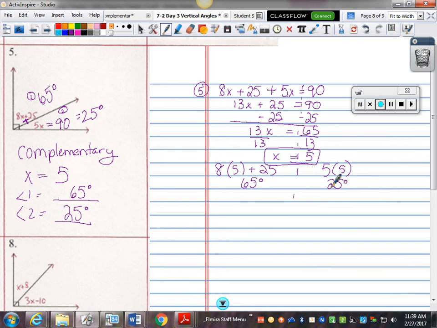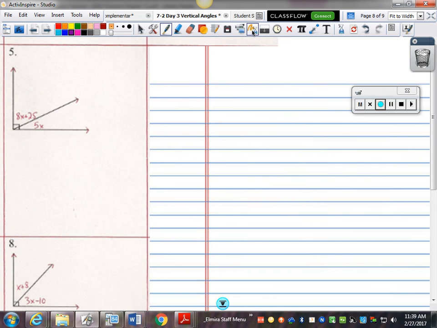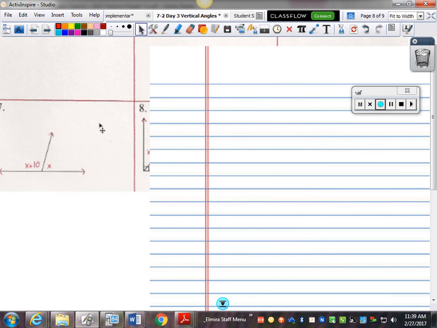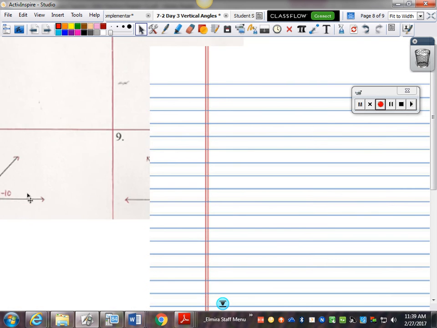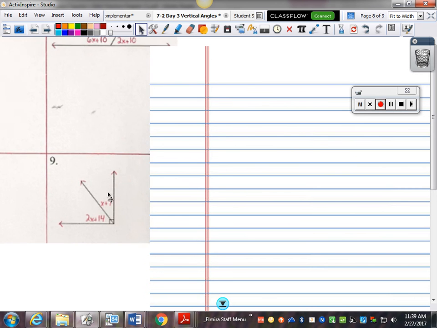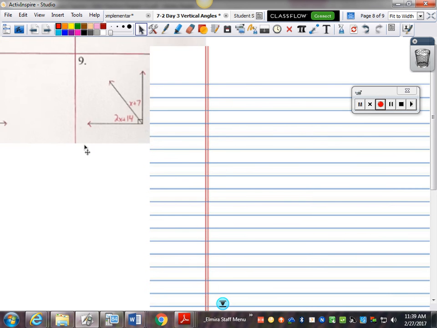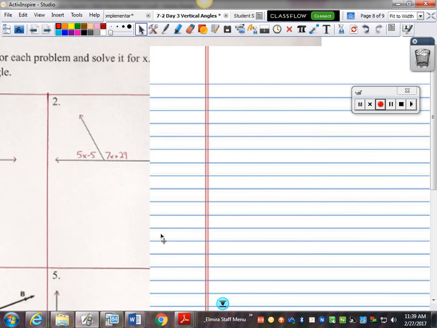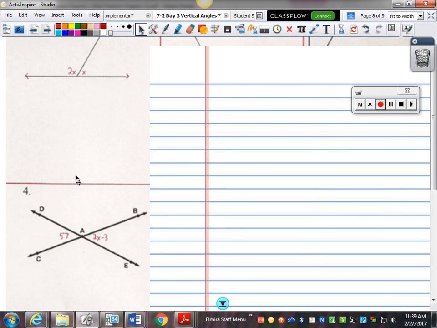Okay, all right, and I want to do one more. Let's do, well, I guess the only vertical one on this page is number, hold on a second.